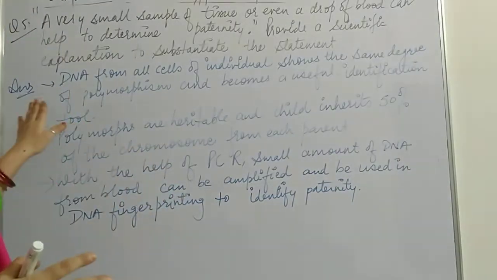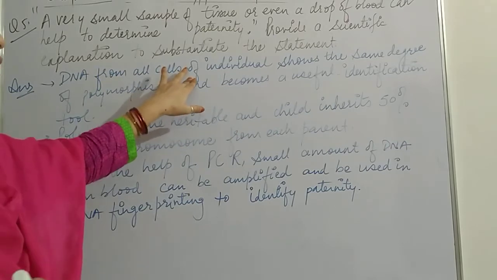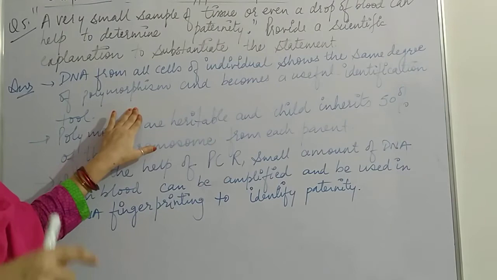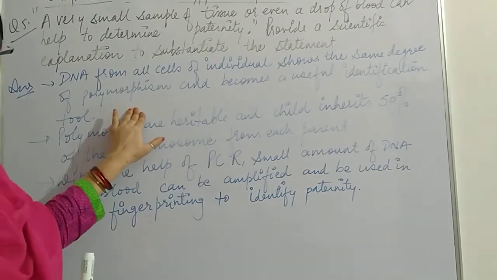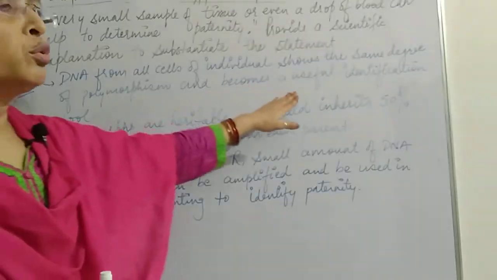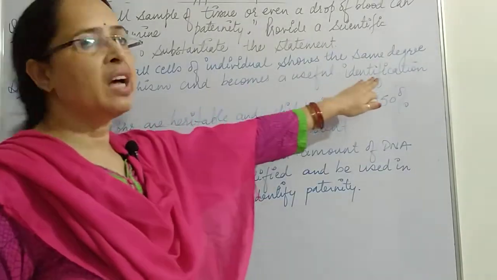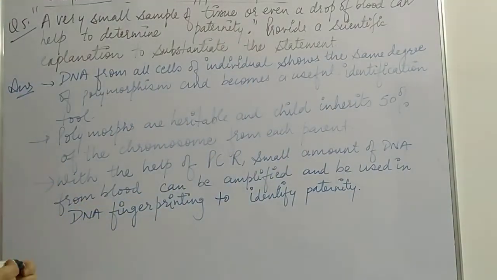Now just have a look over here. DNA from all the cells of the individual shows the same degree of polymorphism. That means they show the same categories. All the characteristics are the same in all the cells. So it becomes a useful identification tool. Next, polymorphs are heritable.